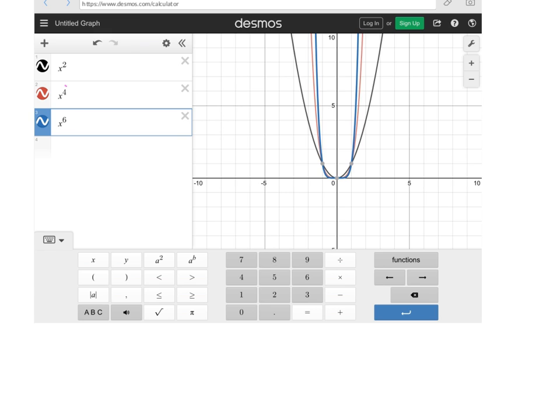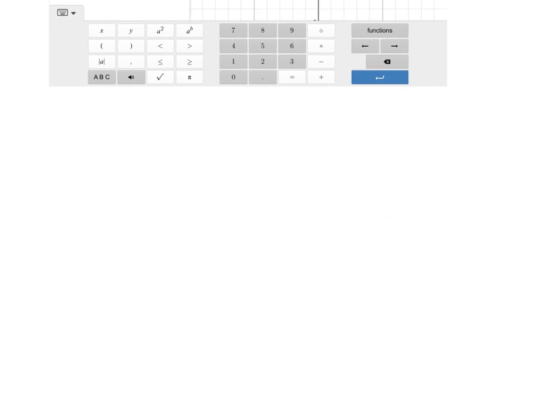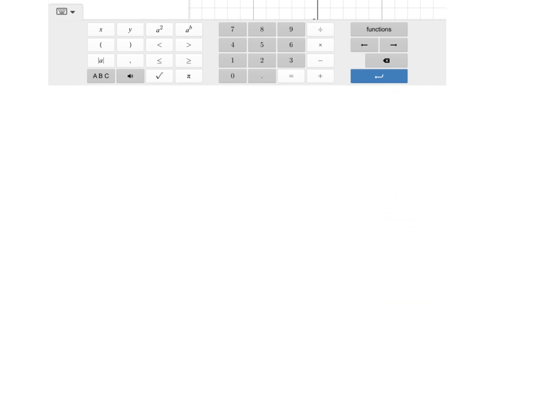All right, so let's go ahead and just review how to classify polynomials. You can classify polynomials based on their degree.